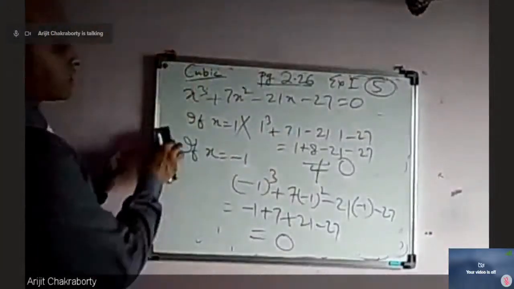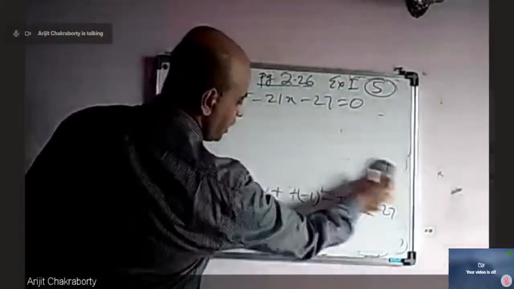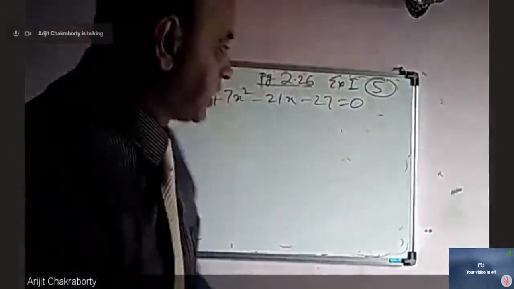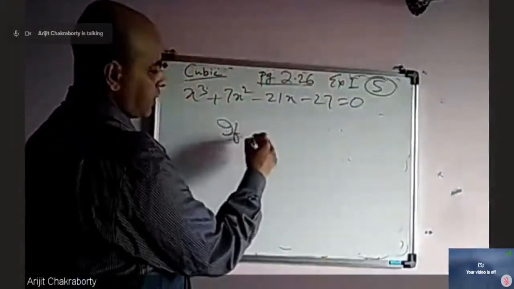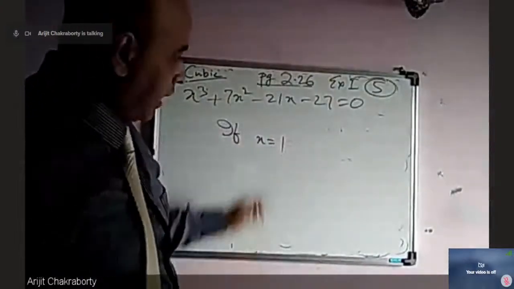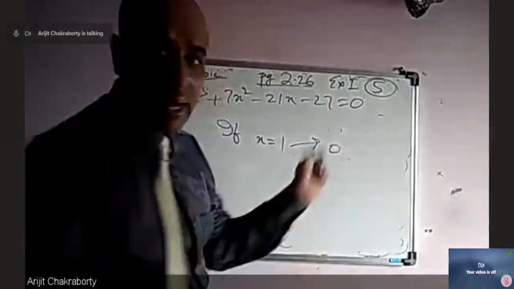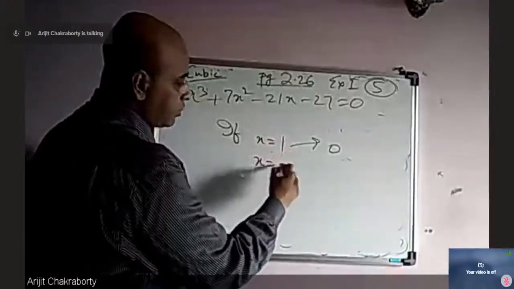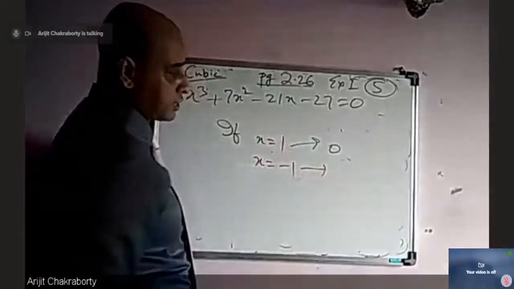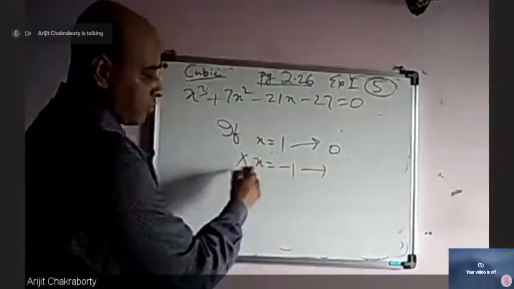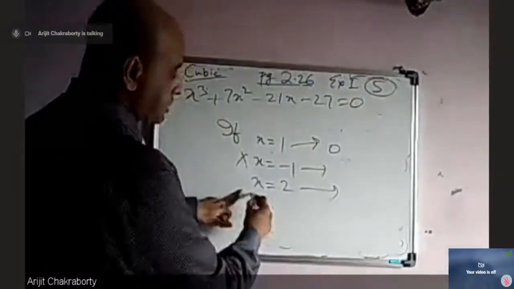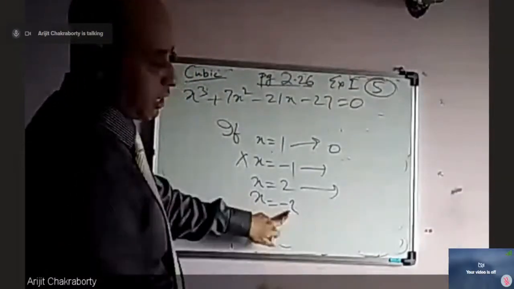Please note carefully, in the exam, always try first x equal to 1 and see whether the right hand side becomes 0. If this does not work, try x equal to minus 1 and see if it is 0. If it does not work, try x equal to 2 and see whether it's 0. If this does not work, x equal to minus 2.